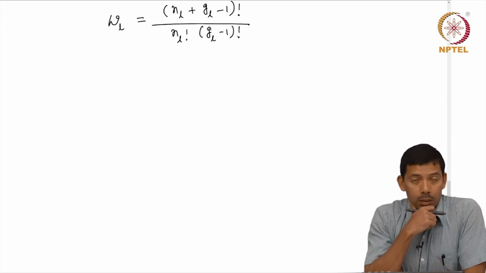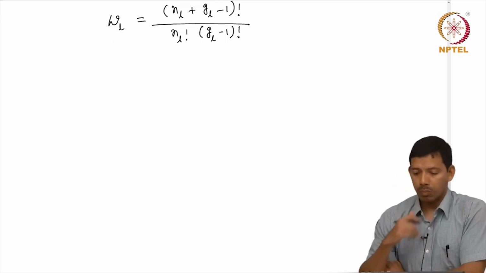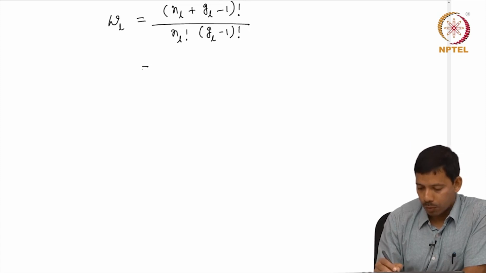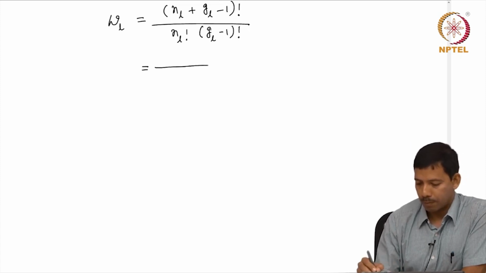This is the WL, small WL. Now let's simplify. So how can we simplify?